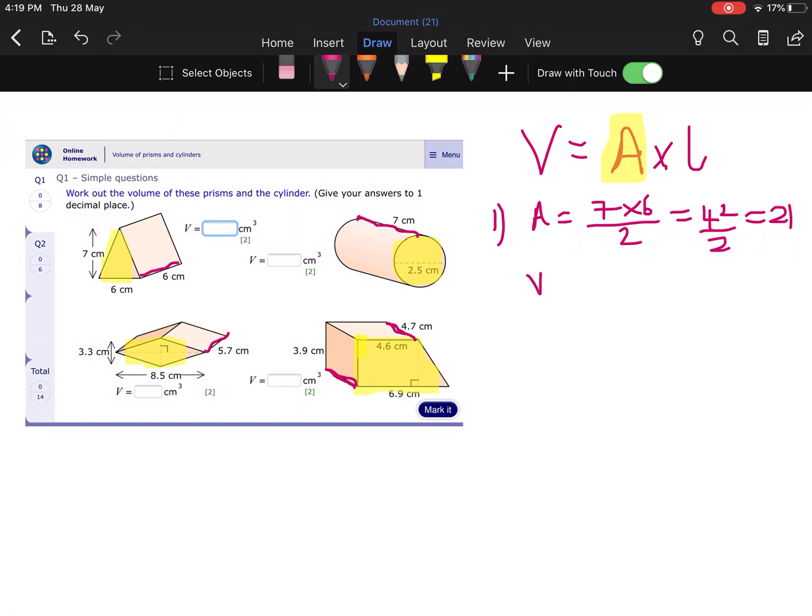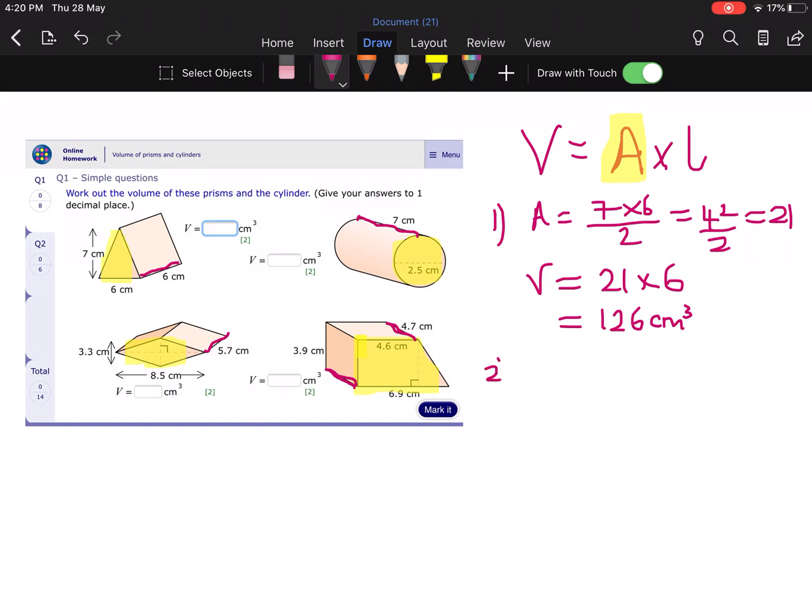And then write my formula for the volume. Volume is equal to the area, which I've just found, times the length, which is 6. So that's going to give me my volume, which is going to be 126. And the units are already given to you on the Mymaths, but it's centimetres cubed.